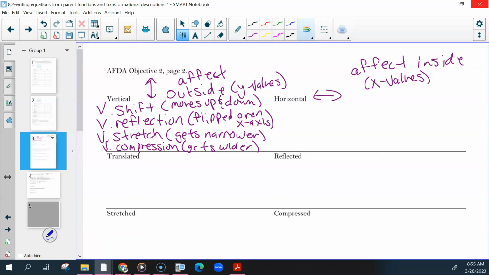So we will have horizontal shifts where it moves left and right. Horizontal reflections where it's flipped over the y-axis.